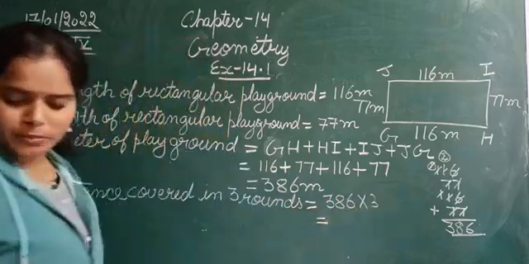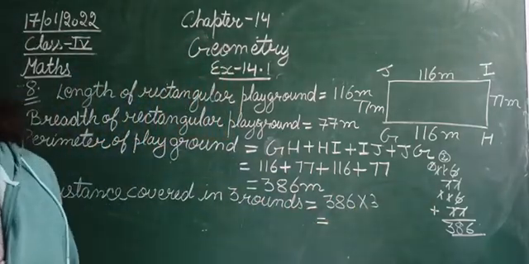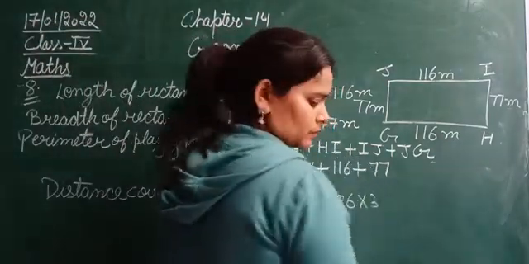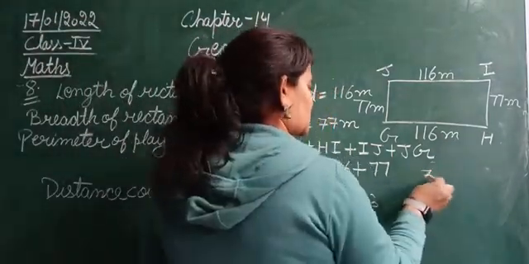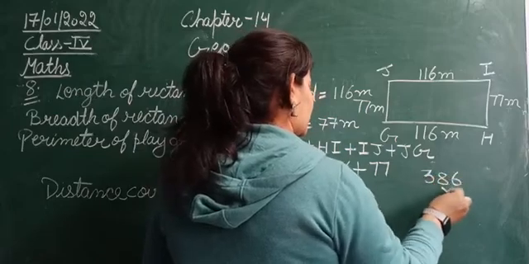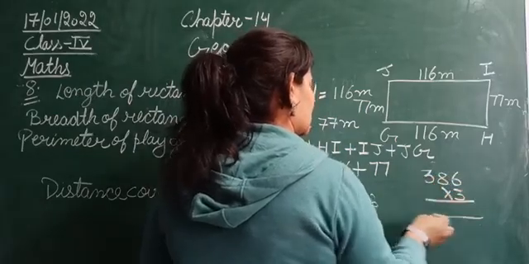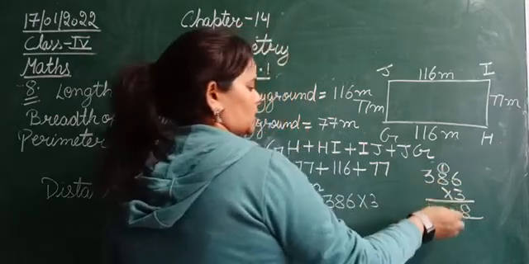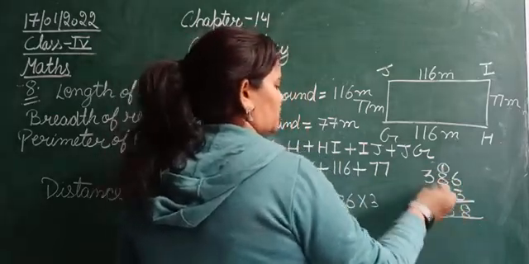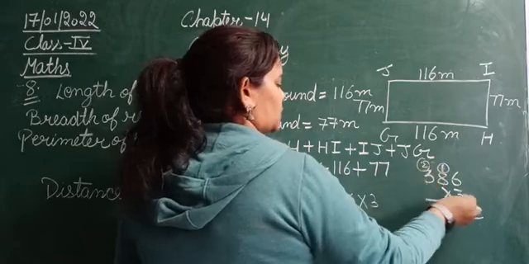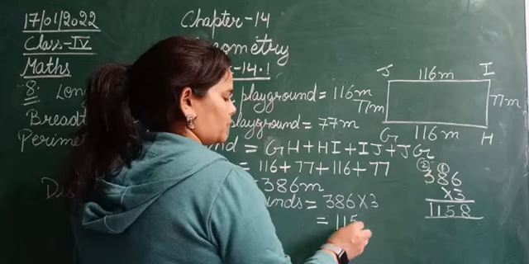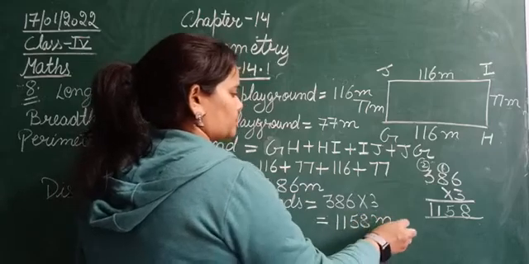Okay, just let's multiply. This is 386 into 3. 3 6s are 18. 8 3s are 24 plus 1, 25. 3 3s are 9 plus 2, that is 11. So this is 1158 meter.